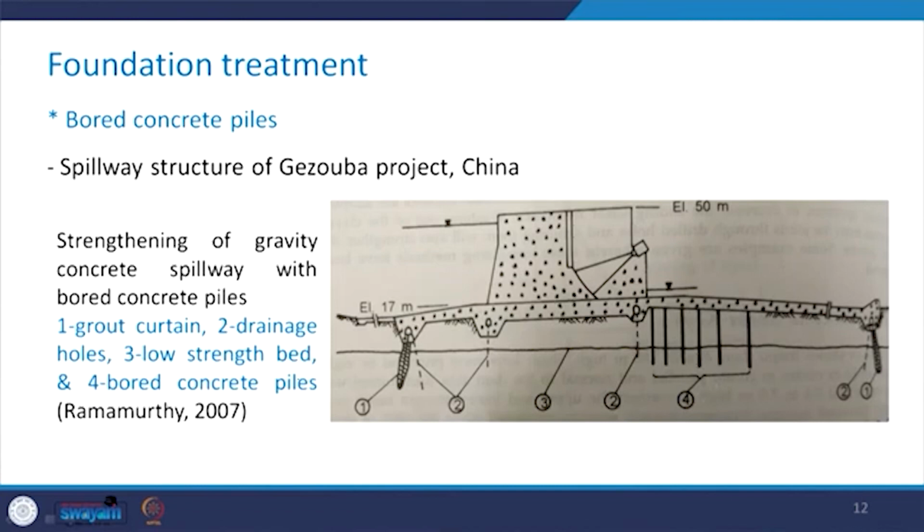The second one is the provision of bored concrete piles. You can see here that along with the other measures, these bored concrete piles have been provided. These were done for the strengthening of the gravity concrete spillway of the Gazuba project in China.